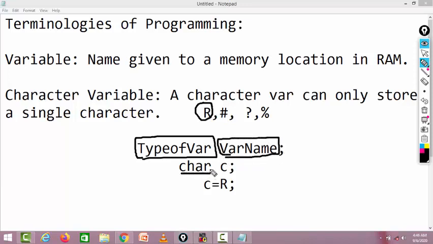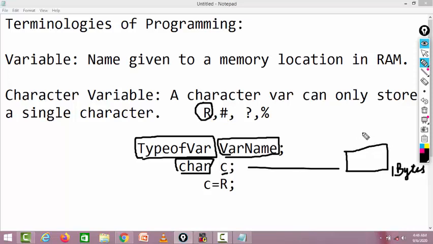Like this. This is the keyword, a predefined word. C is the name. When a compiler reads this line, it goes to RAM and allocates 1 byte of memory in RAM for storing this character. 1 byte of memory, and the name of this variable is C, and in the second line we are assigning R, but this will not assign values, because if you are interested to store values or data into a character variable, that must be enclosed in a single quotation mark, otherwise it will not store the value.